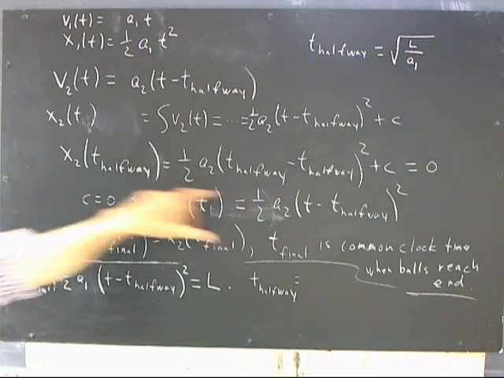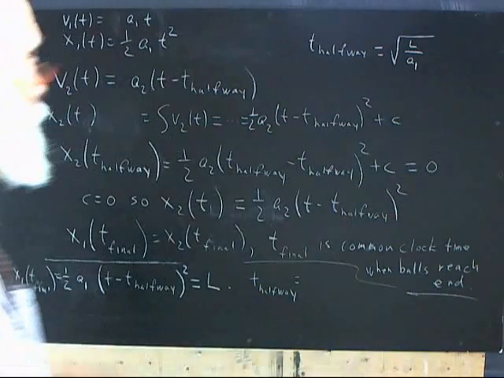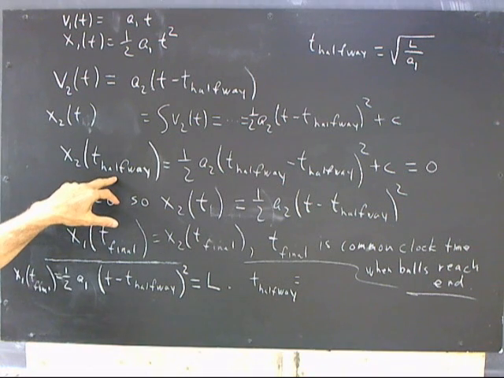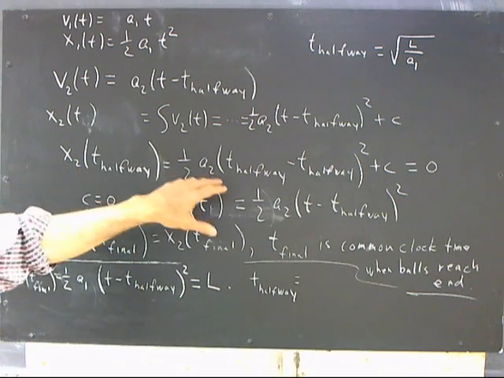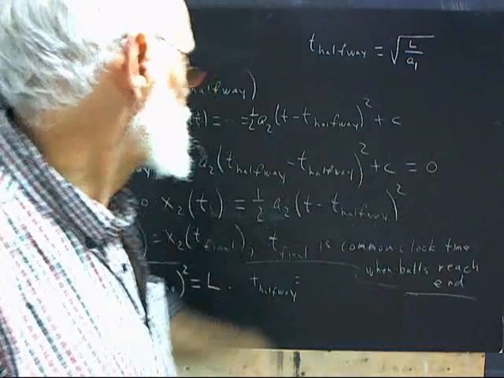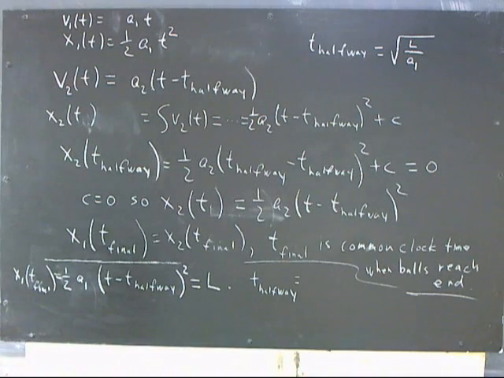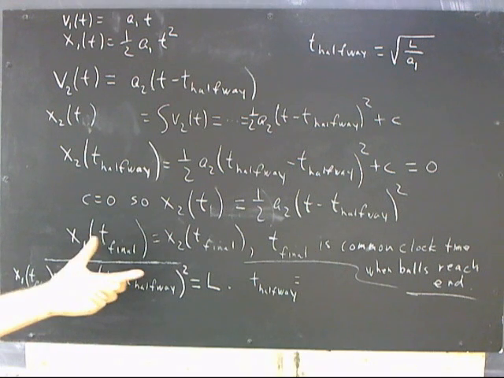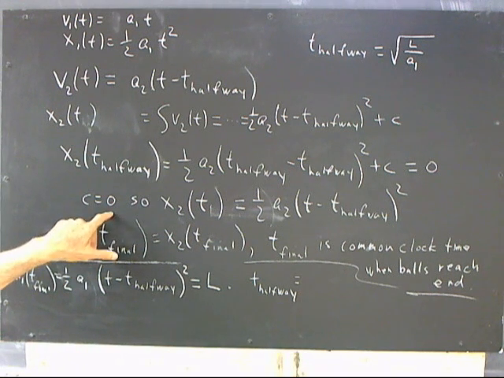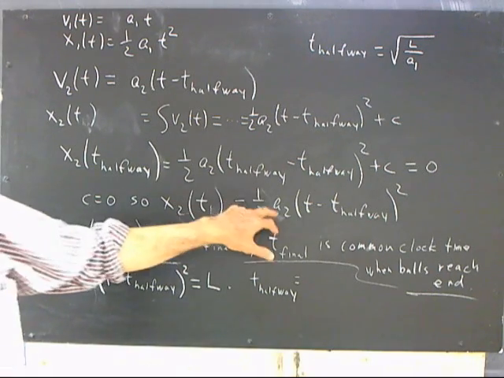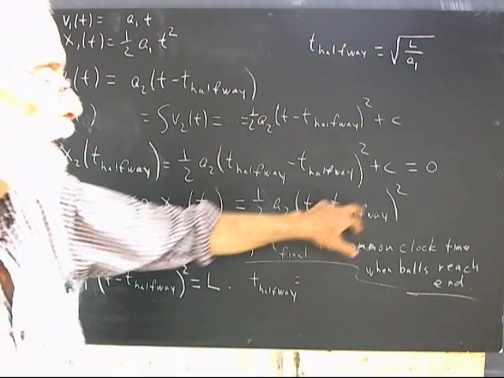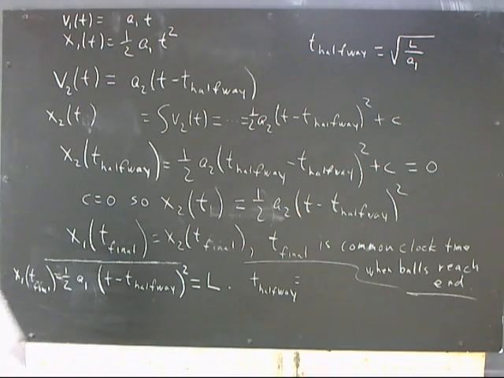So the x2 position at the top of the ramp is 0. That occurs when the first ball is halfway down. Setting this equal to 0, we evaluate c. We find that c is 0, so x2 of t is 1/2 a2 times the quantity t minus t halfway, squared.